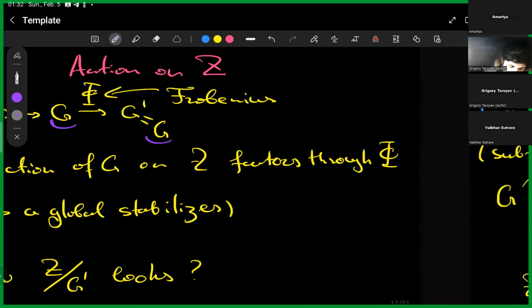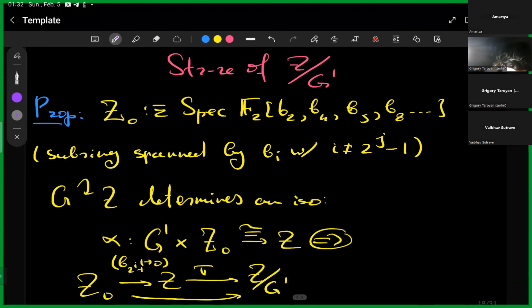And how does Z mod G prime look? Well, first of all, let's define another scheme, which we denote by Z sub 0. It is the spectrum of the following strangely looking polynomial ring, where we only leave the generators which are not equal to powers of 2 minus 1.